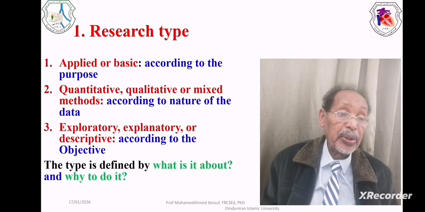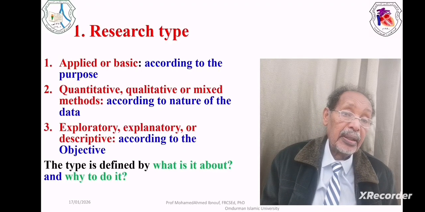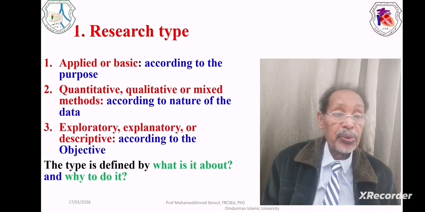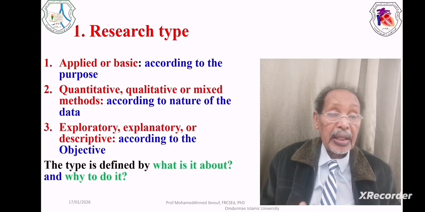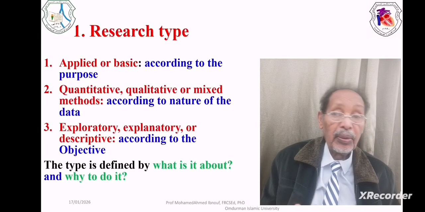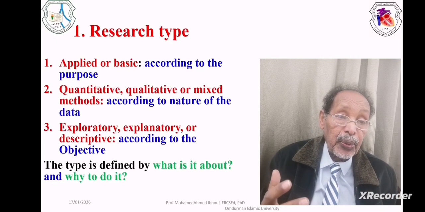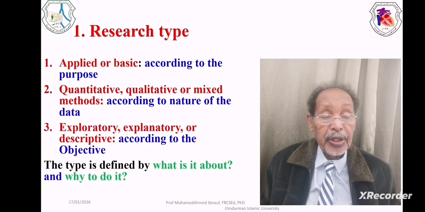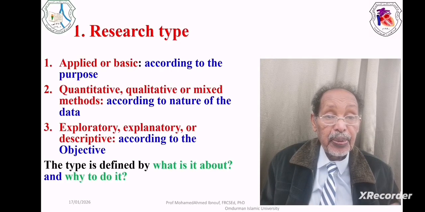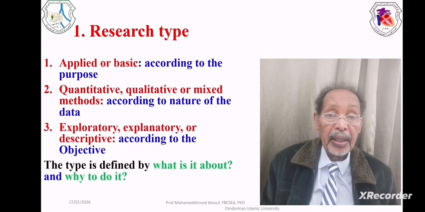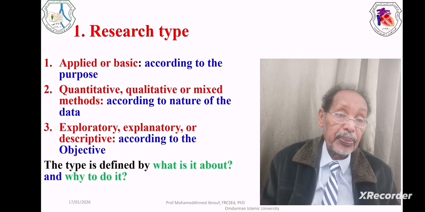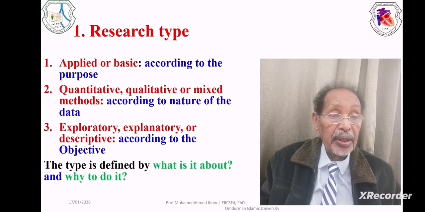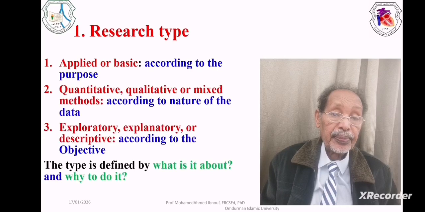Or it is about explaining the causes or the impact of something on another issue. Or it just describes the phenomenon or the way people think, the conception or the perception, or it can also explore the relationships within the research itself.